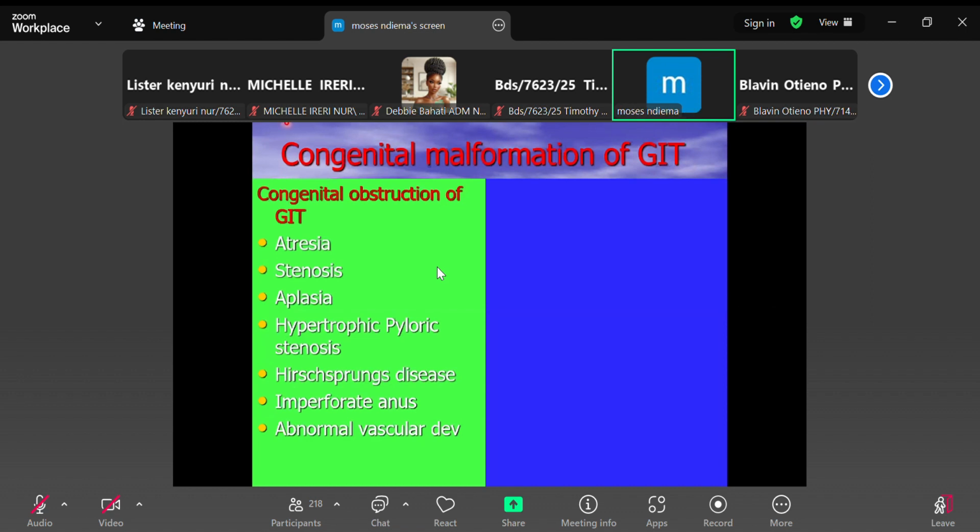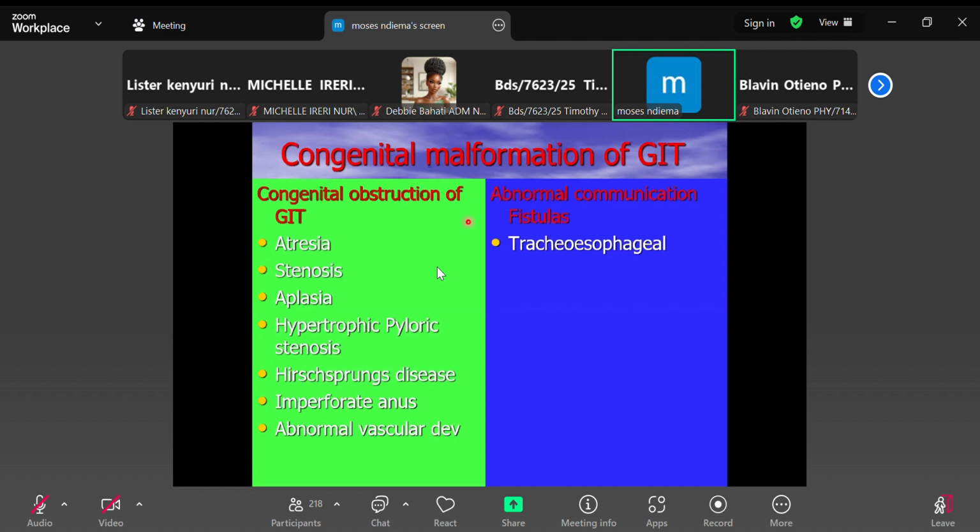So these are some of the abnormalities. We have others. Then there is a problem of abnormal communications, and this we refer to as fistulas. I've already talked about tracheoesophageal fistula, where the trachea and the esophagus are connected by a hole.